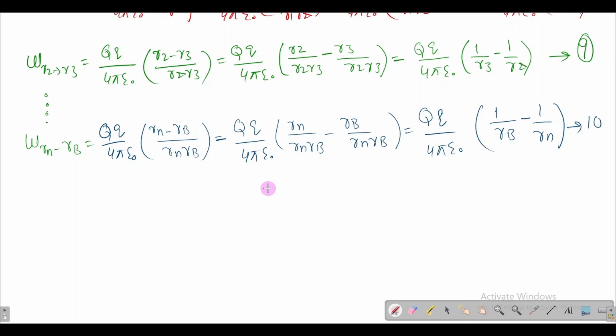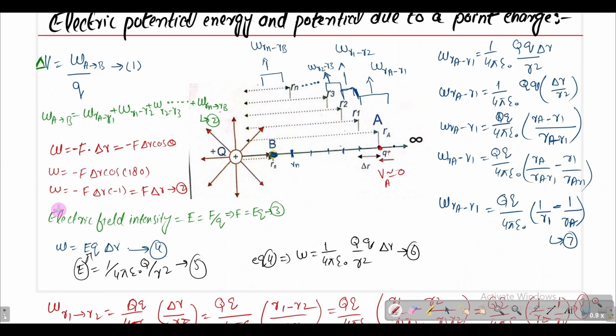So all these are the calculations: we calculate the work done for this step, then for this, then for this, and up to the last step, generalizing it. So we cover all these.